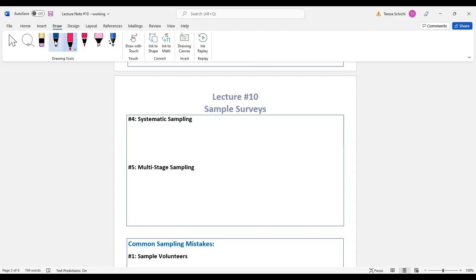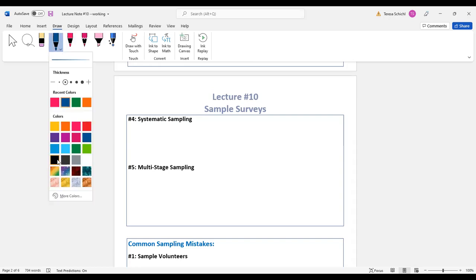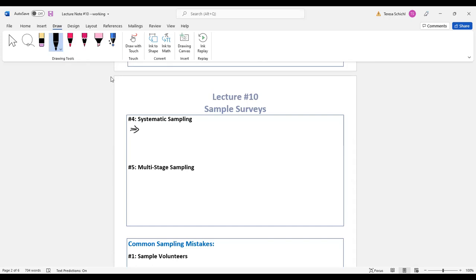Basically, with systematic sampling, you select each individual systematically. So what does that mean here?